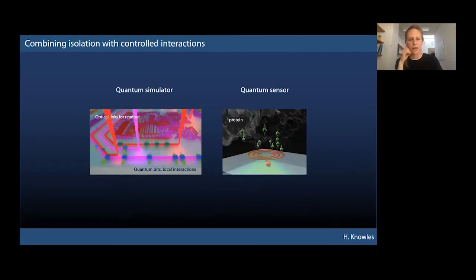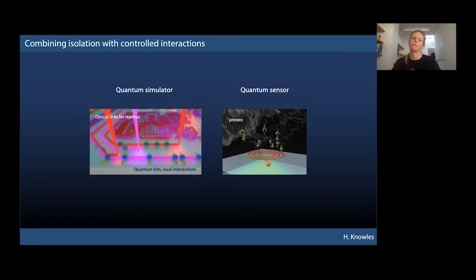And it turns out that actually these spins in diamond are a very nice testbed, or very nice system to realize these questions. So I touched a little bit on these concepts. So here we're thinking of quantum simulators and quantum sensors. A quantum simulator is really a system that's simulating particular interactions that we're interested in.